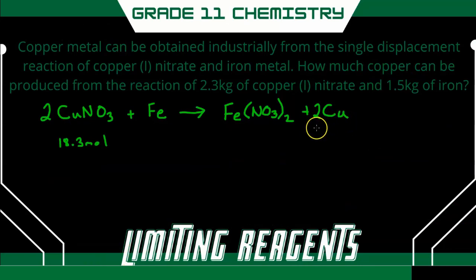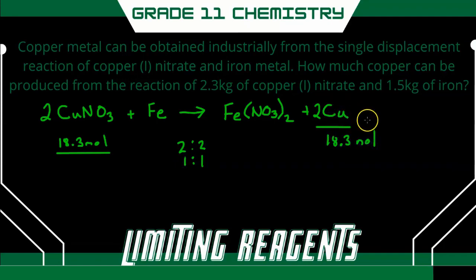So to figure out how much copper we're going to get, in the reactants we're going to use our limiting reagent. Now in this case the ratio is 2 to 2, which is the same as 1 to 1. So that means we also have 18.3 moles of copper in our products. So I can then determine the mass of copper by taking the number of moles multiplied by its molar mass.